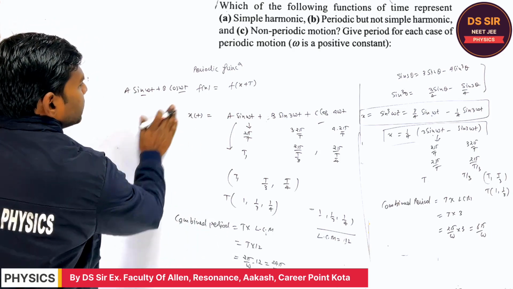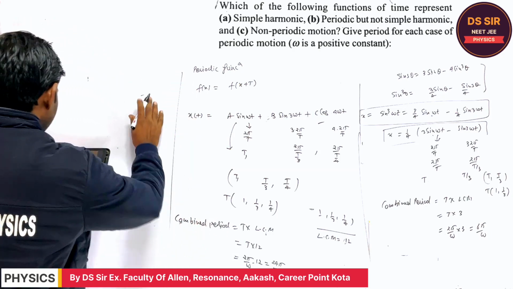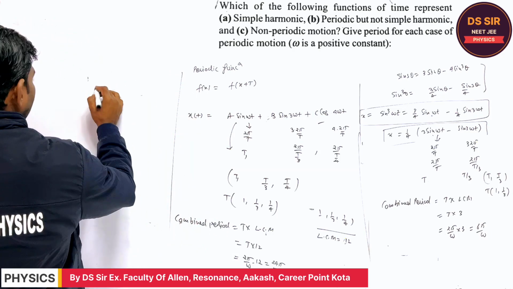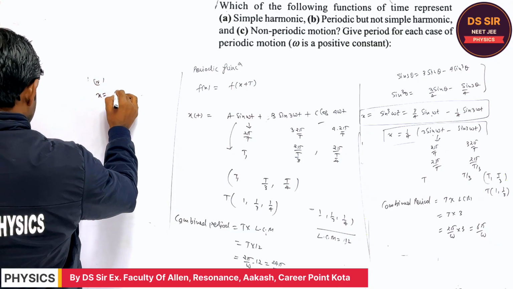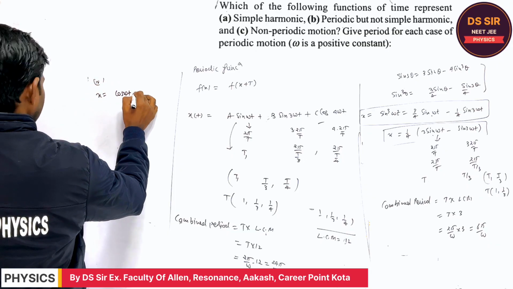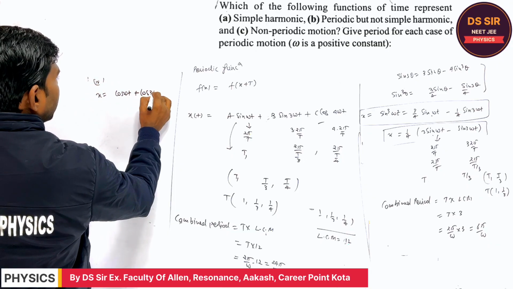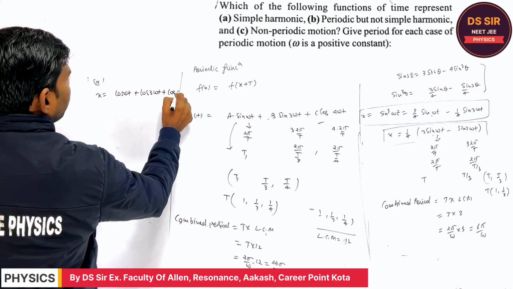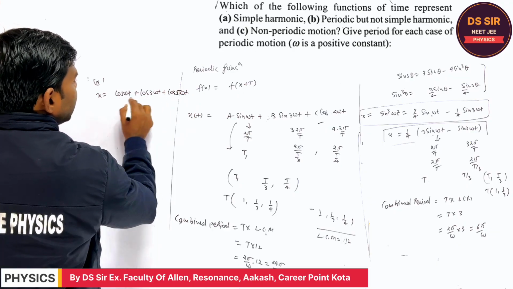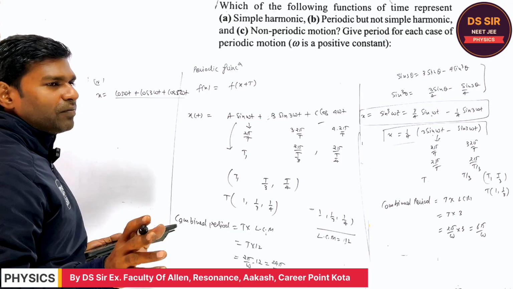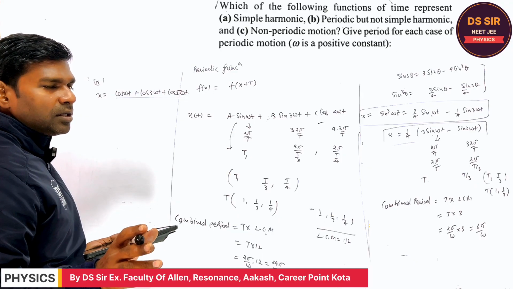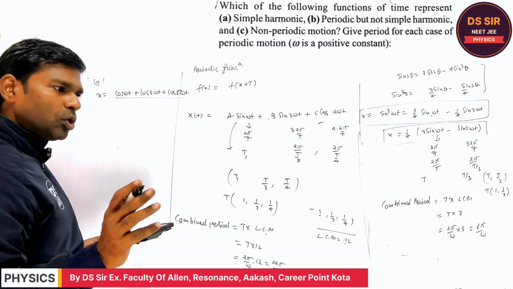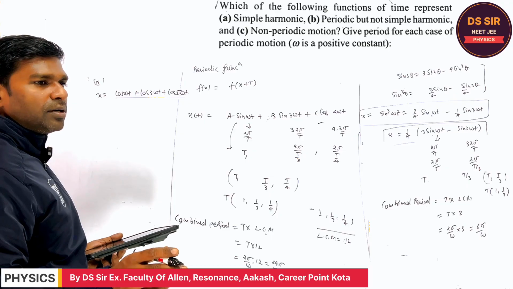Getting? Listen. Together with this, the fourth part you can do. The fourth part is cos omega t, cos 3 omega t, cos 5 omega t. You tell me, is it SHM or not? Not SHM. Is it periodic or not?